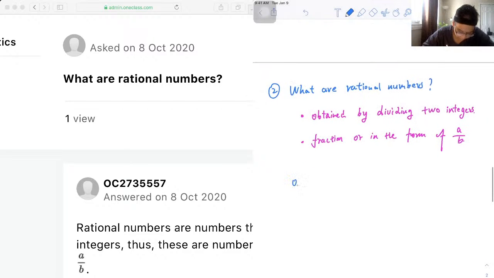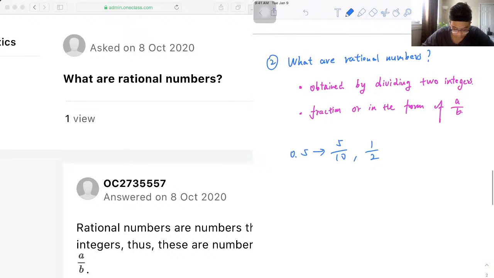So we got 0.5 here, and this can be expressed as a fraction, which can be either 5 over 10, or we say 1 over 2. So we know 0.5 is a rational number since it can be written in fraction form.